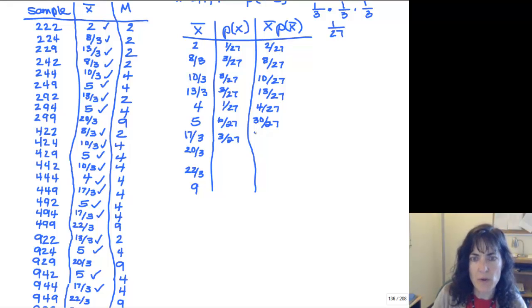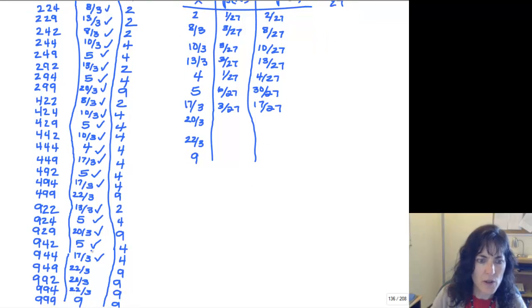And then when I multiply those, I'll get 17/27. And then 20/3, there's 1, 2, 3. So I have 3 of them. And multiplying here, I'll get 20/27.